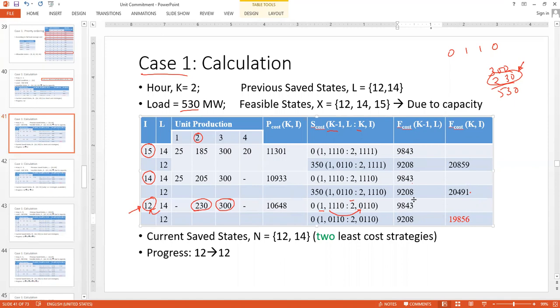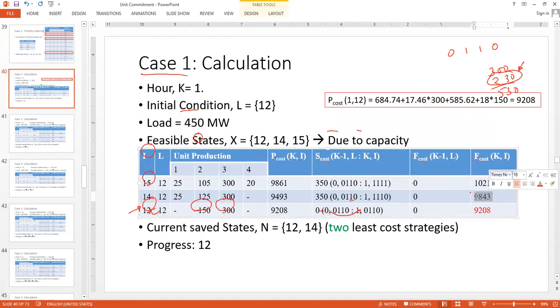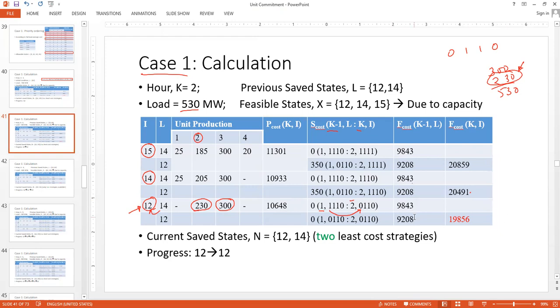Among these, what is the minimum cost? If we were at state 14 in hour 1, the associated cost was 9843. If we were at state 12 in hour 1, the cost was 9208. These columns are the previous costs, taken from the previous hour's column.